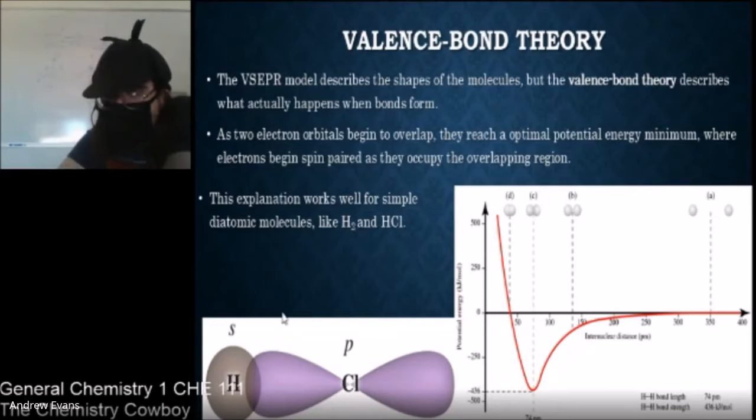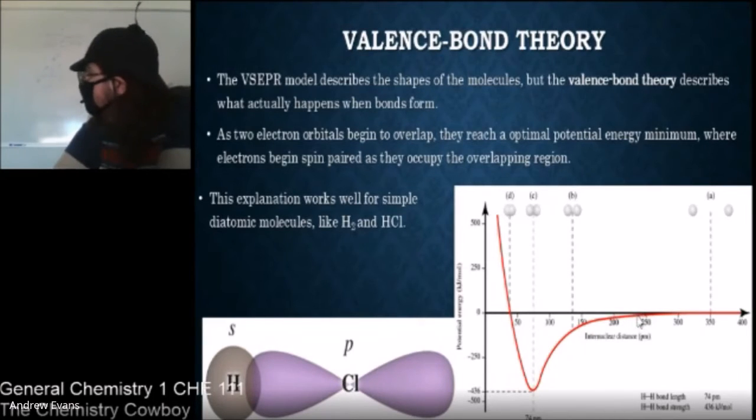So essentially the hydrogen atom is going to get close enough to the chlorine atom so we have an optimal overlap. Over here, we have distance. As it gets far away, there's less attraction. There's almost no attraction here. It's 0 attraction. Getting closer and closer, the electrons are attracted, to the minimum.